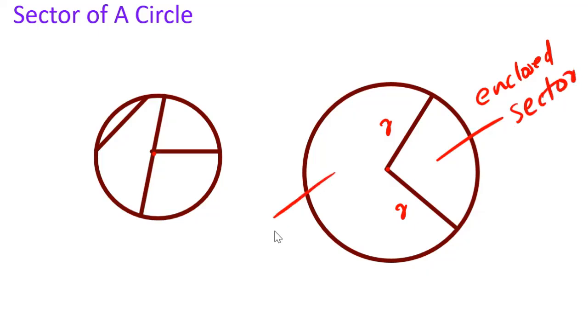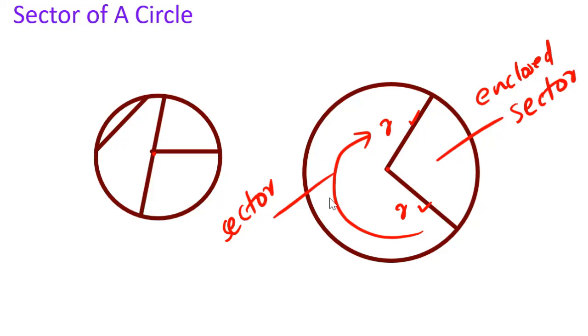So what about this? That is also sector. If you look in that way, this particular radius and radius is enclosing this part. So in fact, when we think about two radii and the part enclosed by those two radii can be named as sector. In that case, one is small, another is quite big. One area is less, another is a quite big area.